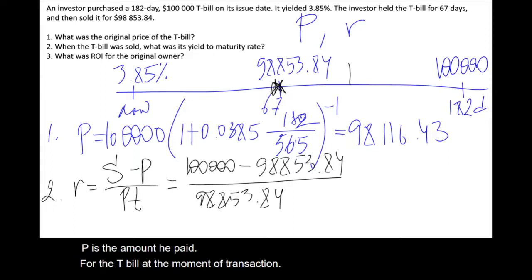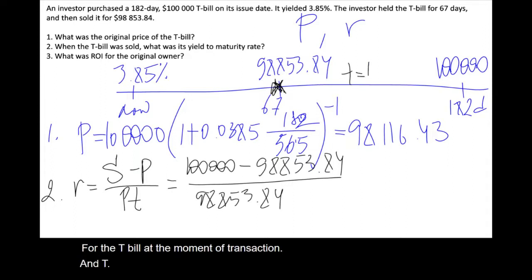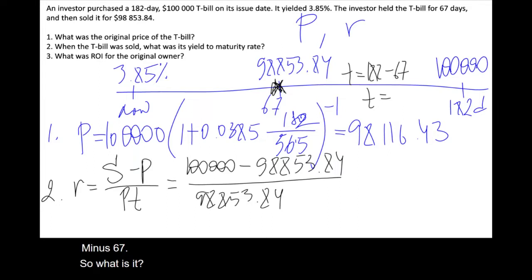And T is 182 minus 67. So what is it? It is 115.